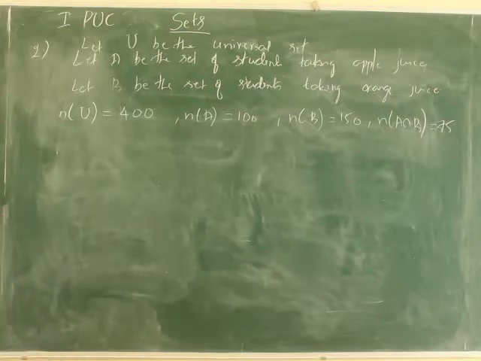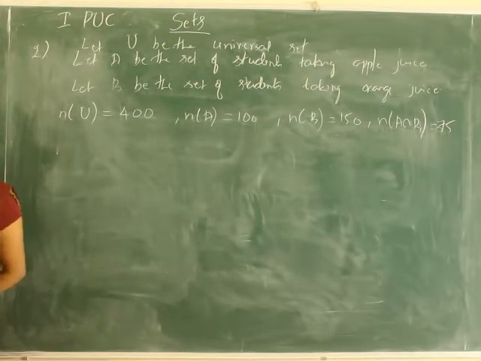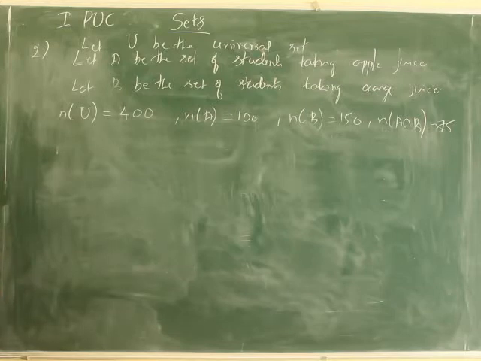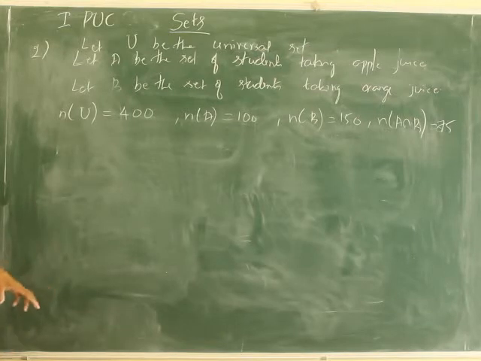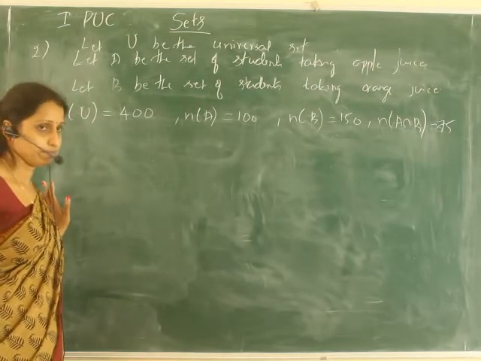So what we have to calculate is the number of students who are not taking orange juice and not taking apple juice. Taking means students who are taking apple juice or orange juice belong to the union.